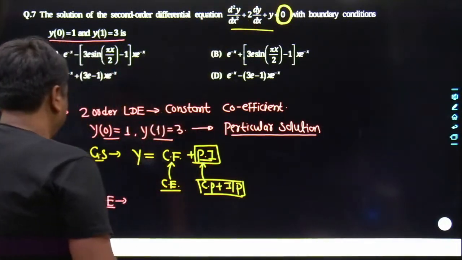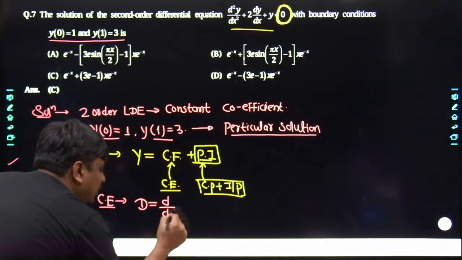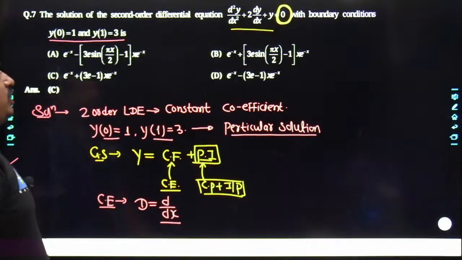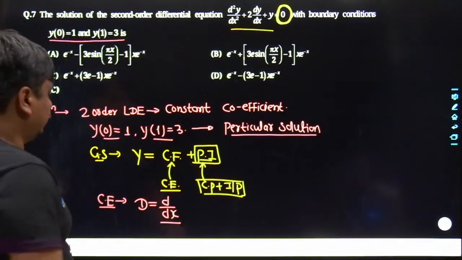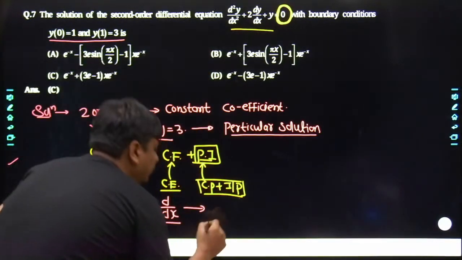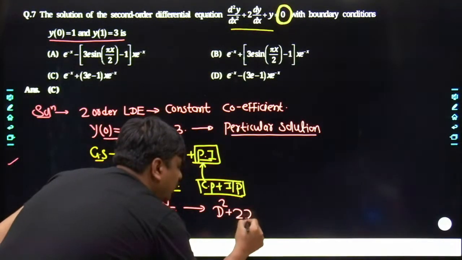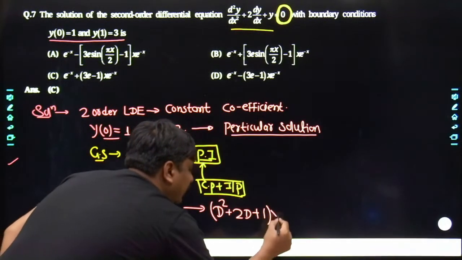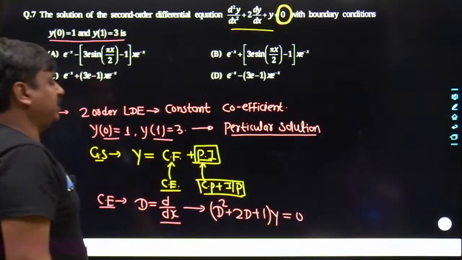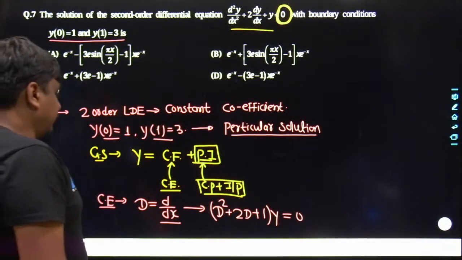Now what would I be doing? I would be introducing a differential operator, capital D. For this problem, it is d/dx. So once we start feeding this data in, the differential equation can be written as D squared plus 2D plus 1, with y taken common, equated to 0.